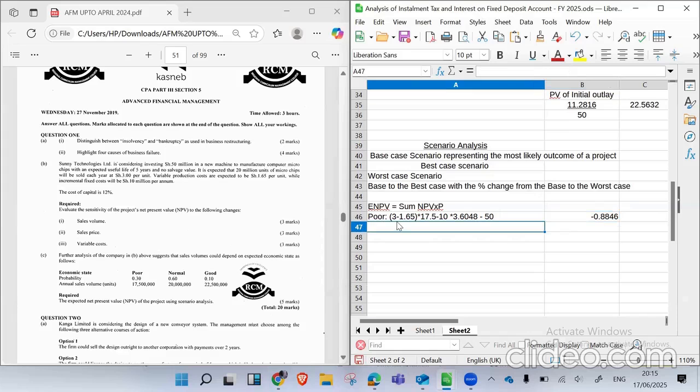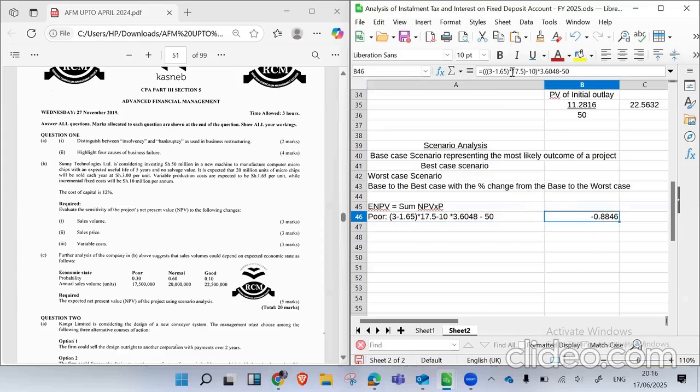That is 3 minus variable cost of 1.65 minus 10. What does the calculator say? You multiply by 17,500. It says that. Thank you. 3.60.